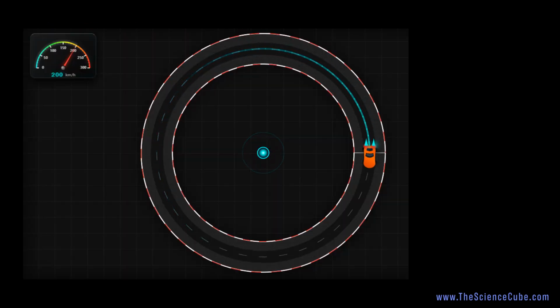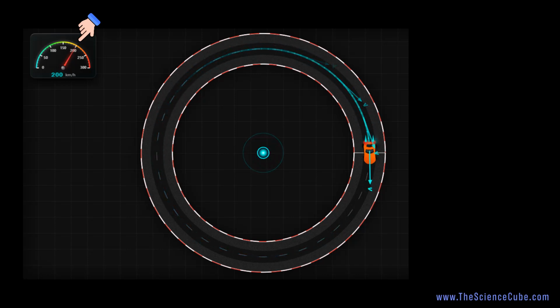So, picture a race car on a perfectly circular track going at exactly 200 kilometers per hour, and the speedometer stays at this value. Most students, when asked whether the car is accelerating, say no, because nothing on the dashboard is changing.